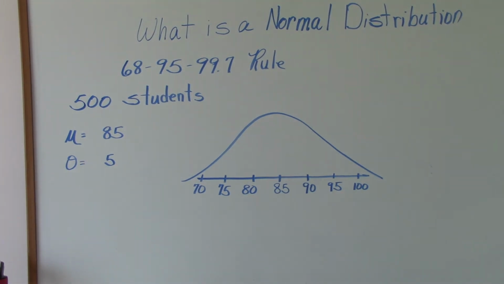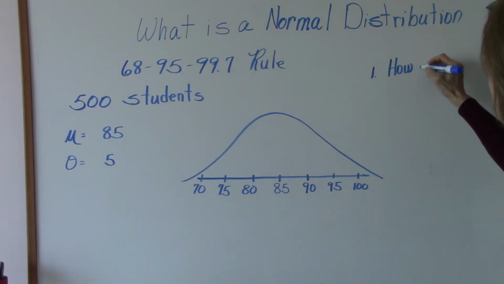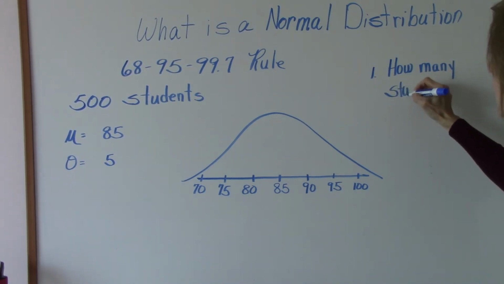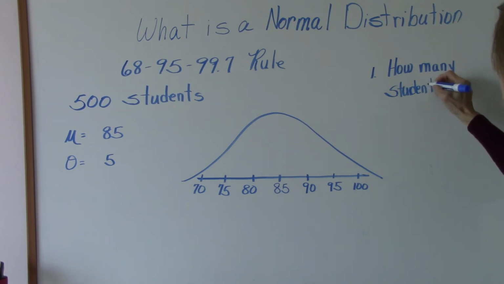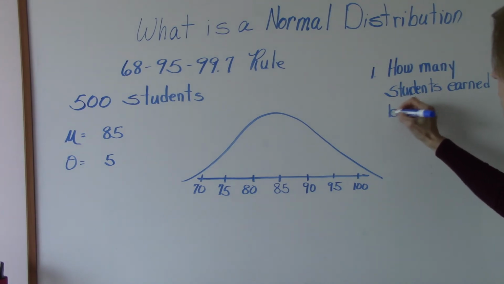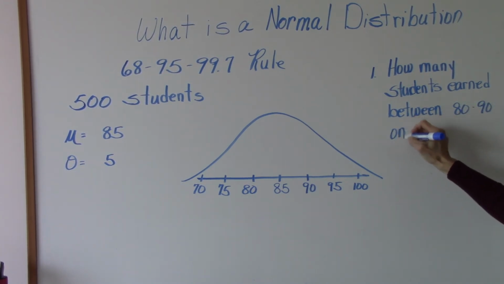Okay, so now let's take a look at maybe some questions that could be asked about this data. Maybe question number 1 is how many students earned between 80 and 90 on the exam.